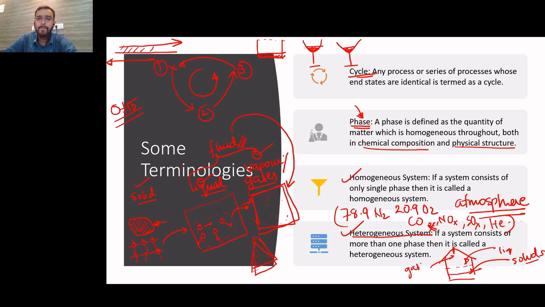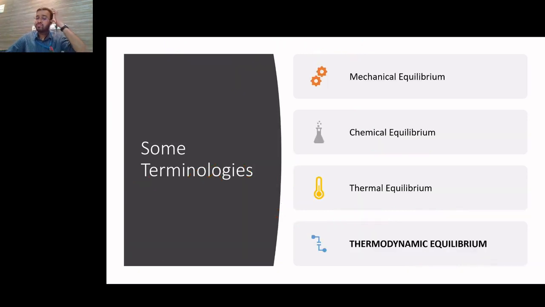All right. Then we have to talk about something called thermodynamic equilibrium. Before thermodynamic equilibrium, we have to talk about three different types of equilibrium. And what is equilibrium?